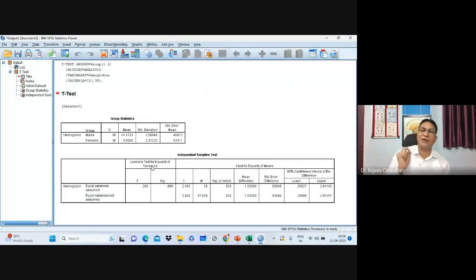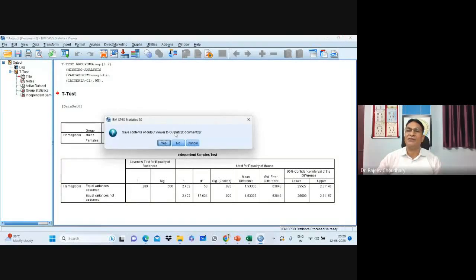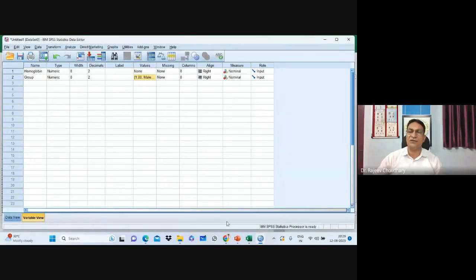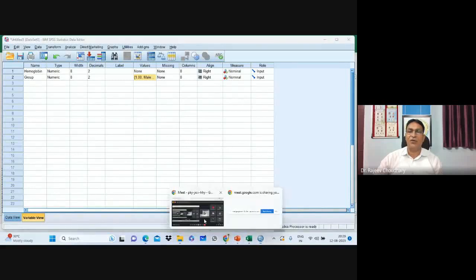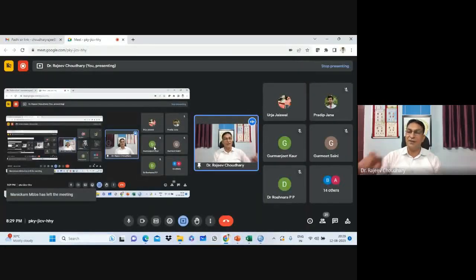We have discussed in detail about only one technique, that is independent t-test by using both softwares, Microsoft Excel as well as SPSS. If you have doubt regarding this, please ask.